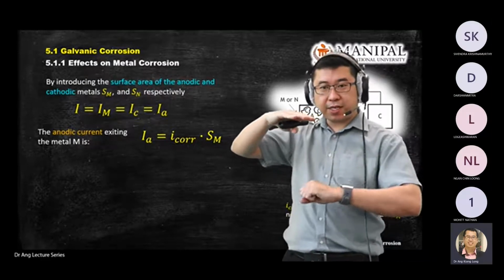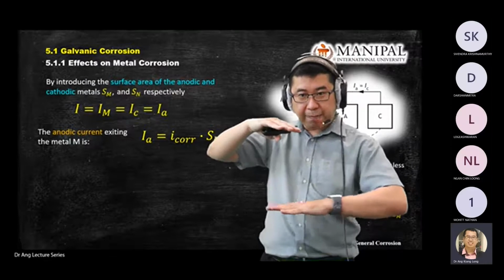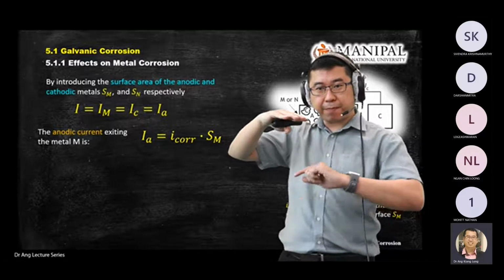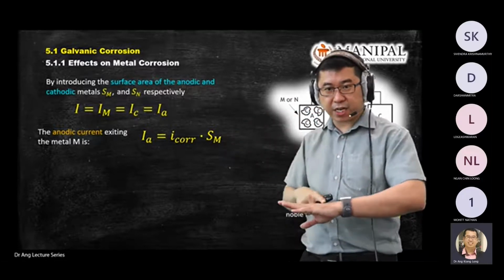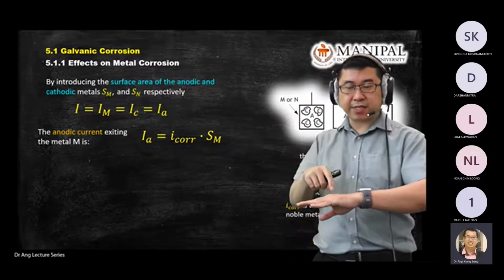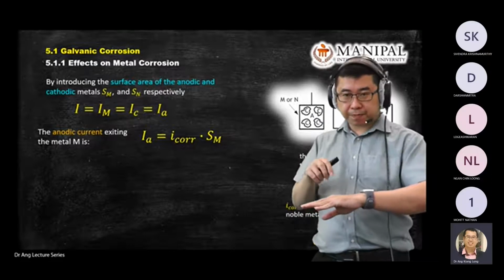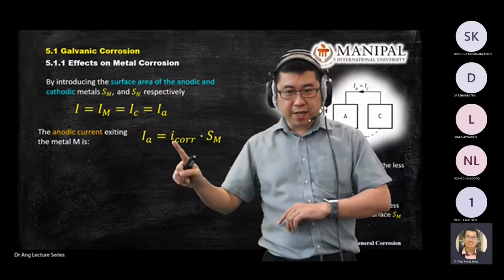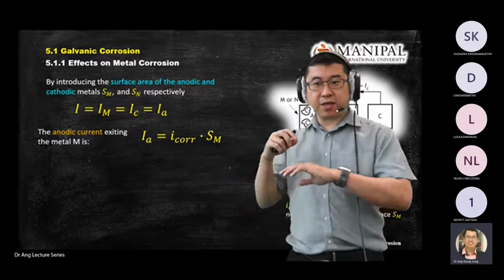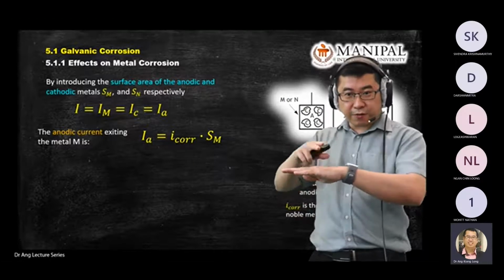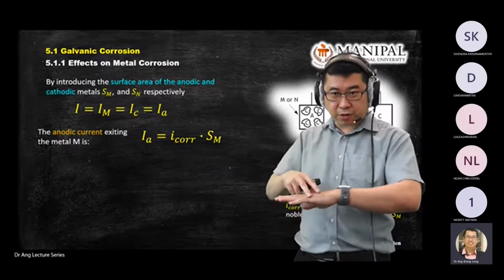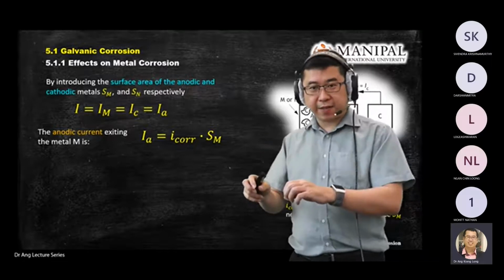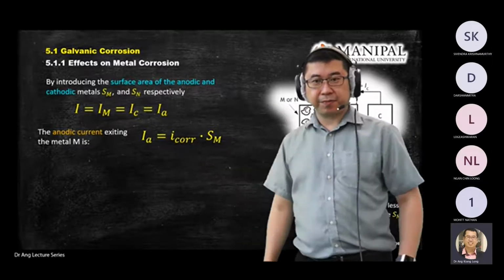So when you do the calculation for metal M, which is the less noble metal, you calculate the corrosion rate multiplied by the surface exposed on the less noble metal. So small i corrosion means the corrosion rate of the less noble metal, multiplied by the surface. Then you get the current. Okay.